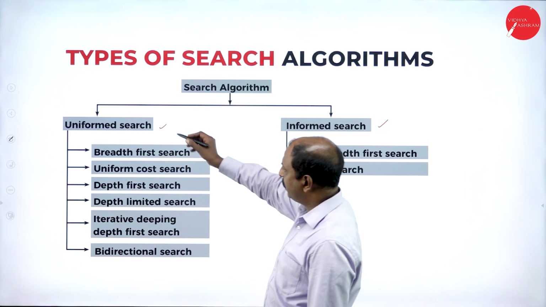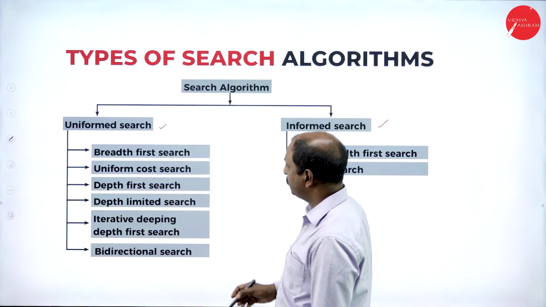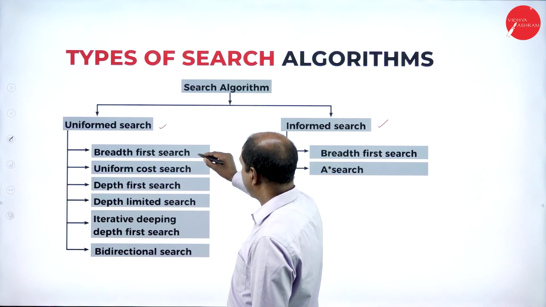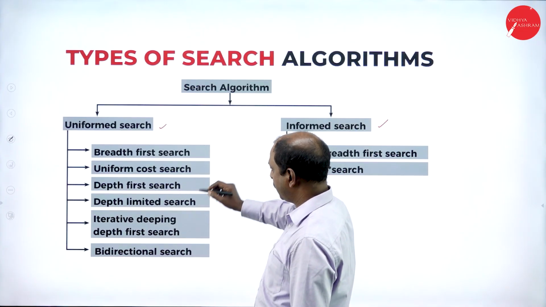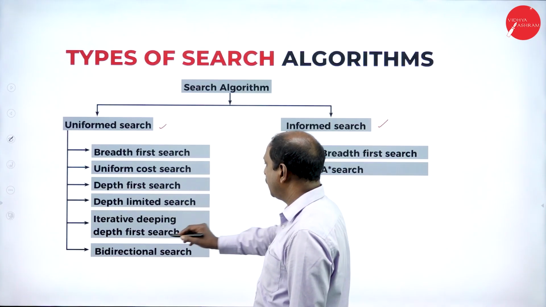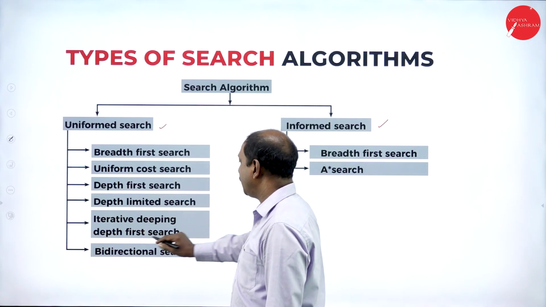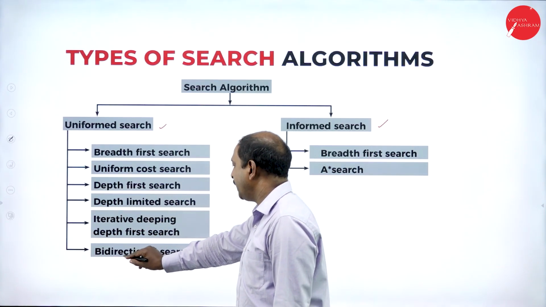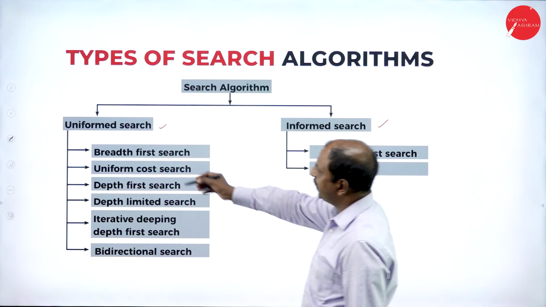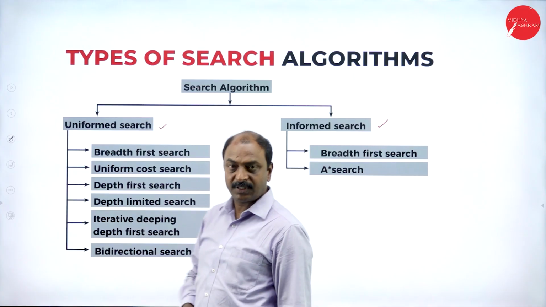Under uninformed search, we have different types: breadth first search, uniform cost search, depth first search, depth limited search, iterative deepening depth first search, and bidirectional search. These are all different algorithms under uninformed search.